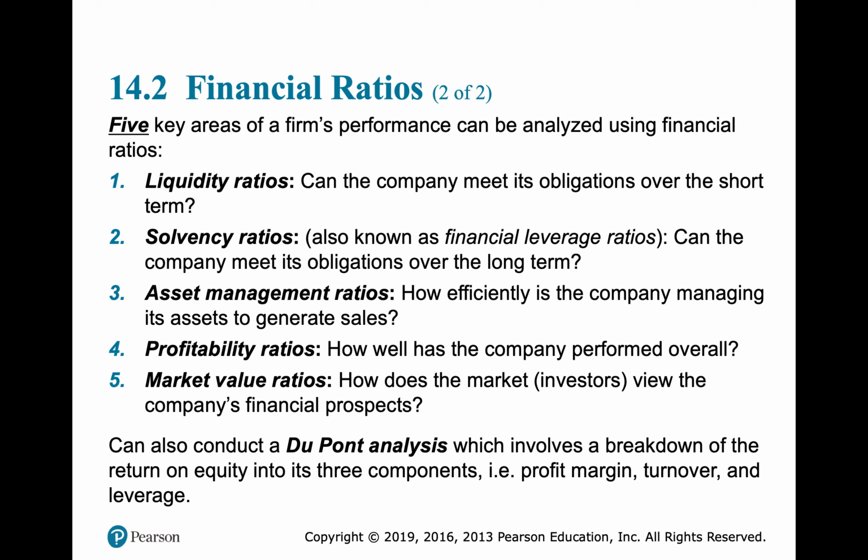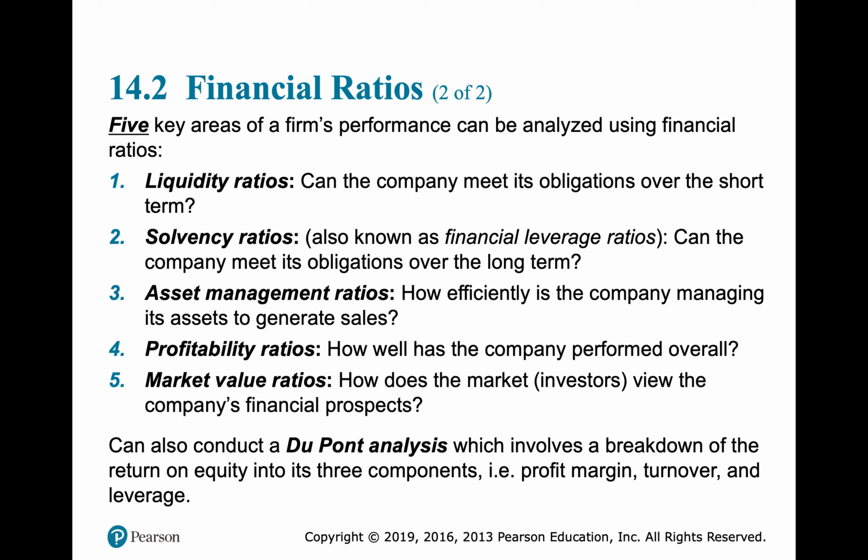The next section is the profitability ratios. How well has the company performed overall? This is all things considered. How well are we performing from a profitability standpoint? And then last but not least, there are the market value ratios. These are ratios where some of your information is not going to come from the balance sheet or income statement. It might come from somewhere else.